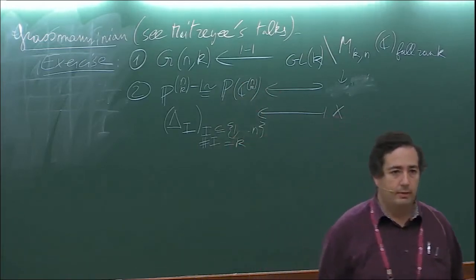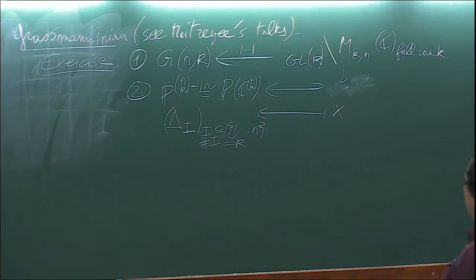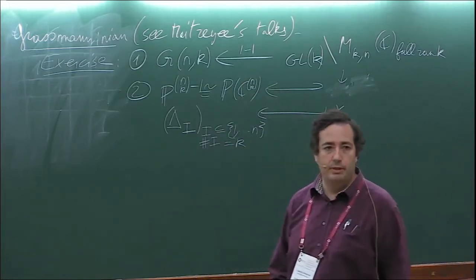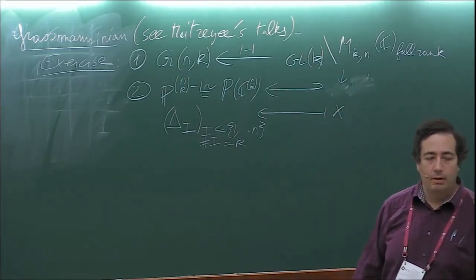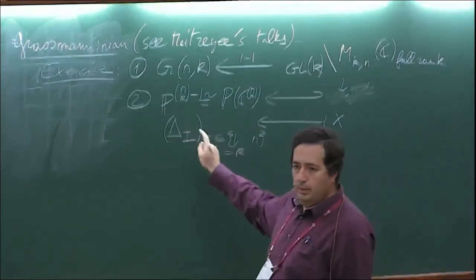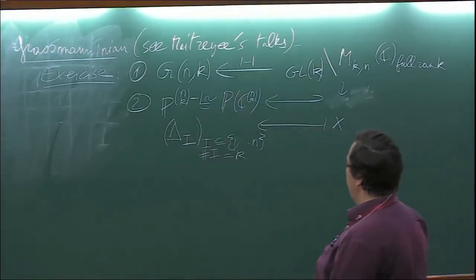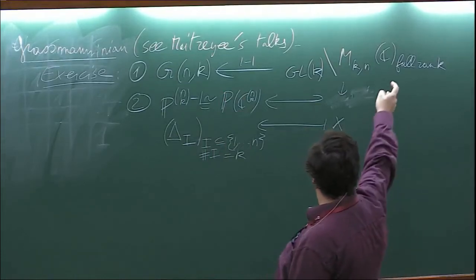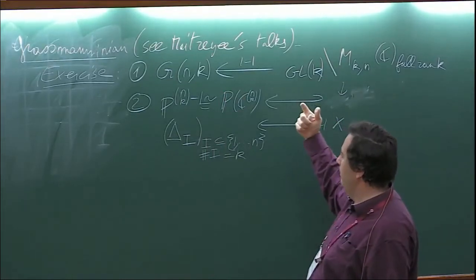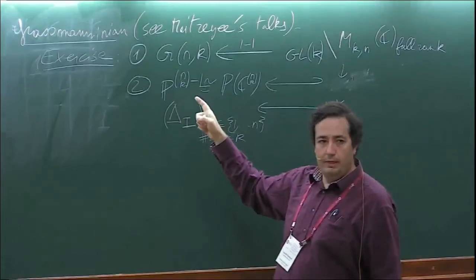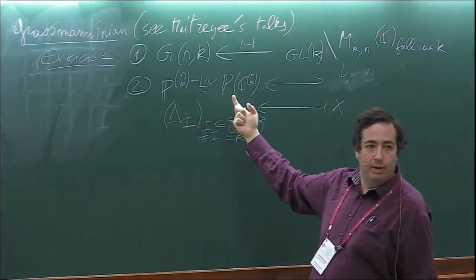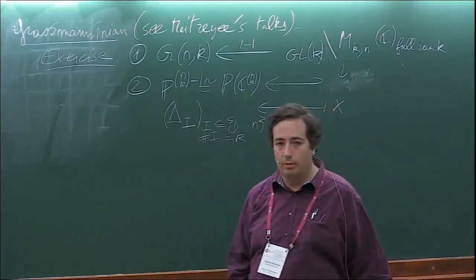Right? It's a subset of a set. And this is the notation of Macquarie from last week. It's just the minor with the columns parameterized by I, and full rank, it takes all the space. And of course, the fact that you start with full-rank matrices makes that this thing actually does not reach 0. You have at least one of the minors which is non-zero.